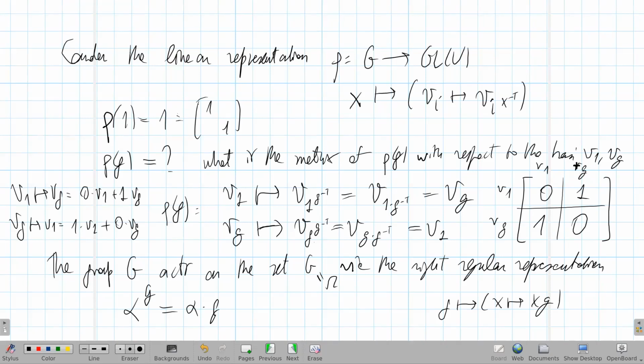That is, it will go outside the subspace generated by V1, okay? And similarly, if I restrict rho G to the subspace generated by Vg, this will go outside because it will map it onto the subspace generated by V1, okay?